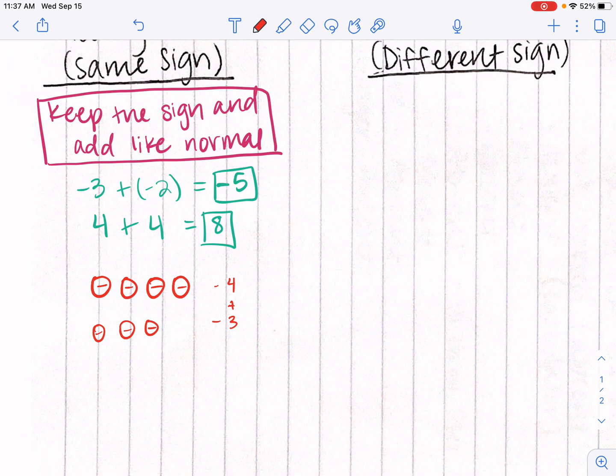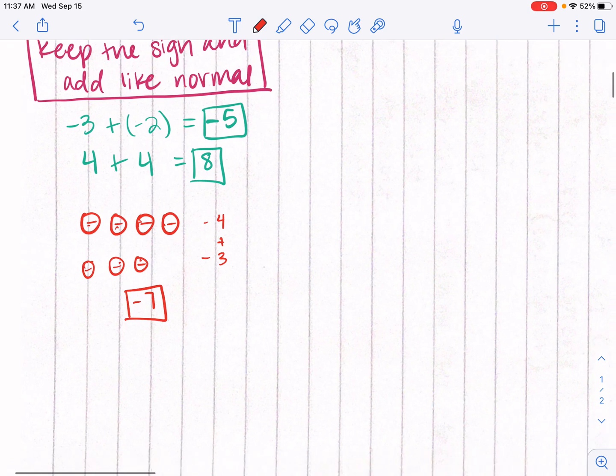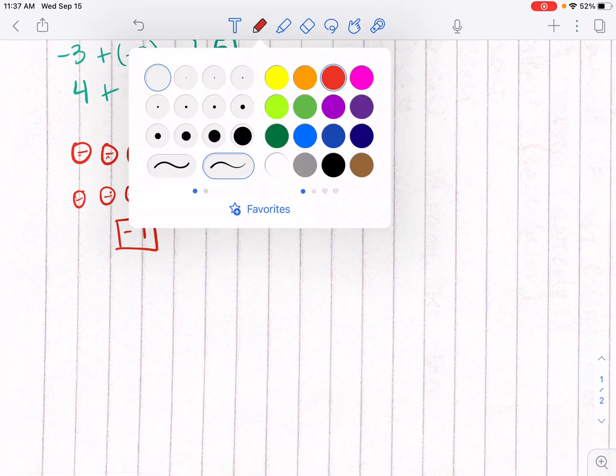So hopefully you remember 0 pairs from that video we watched. 0 pairs mean a positive and a negative cancel each other out. That's a 0 pair. But there are no positives, so there's nothing to cancel out any of these negatives. So all I have to do is count up how many I have. I have 1, 2, 3, 4, 5, 6, 7 chips all together. So my answer is -7.